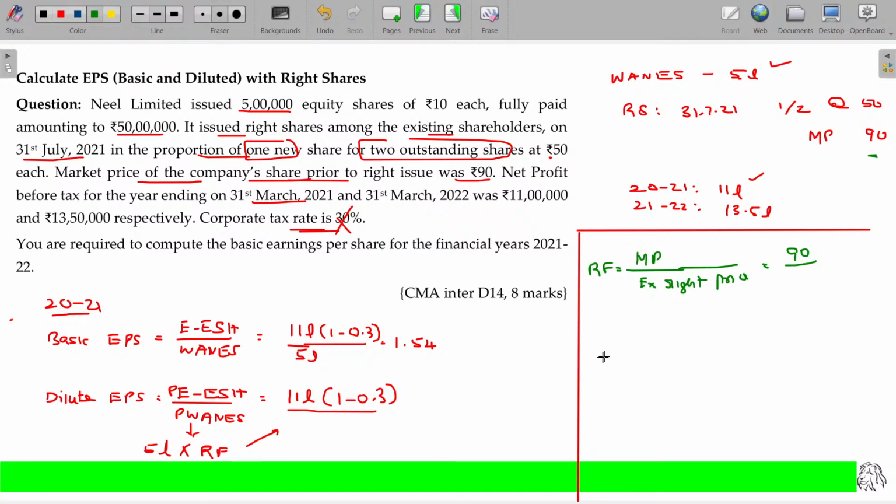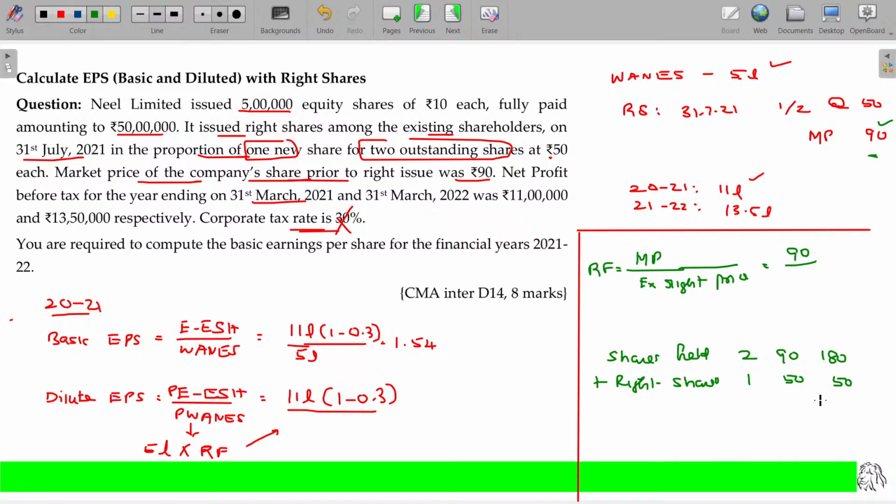For example, shares held plus eligible for right shares. If you hold 2 shares, you will get 1 right share. To hold two shares, you need to purchase at 90 rupees in the market, 180. Then you will be given 1 share to be purchased at what rate? 50.